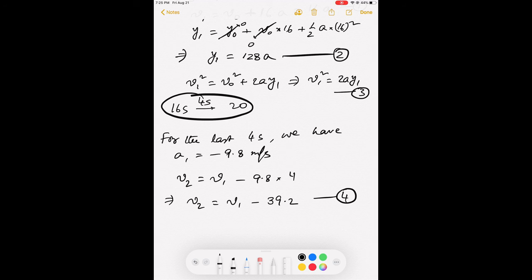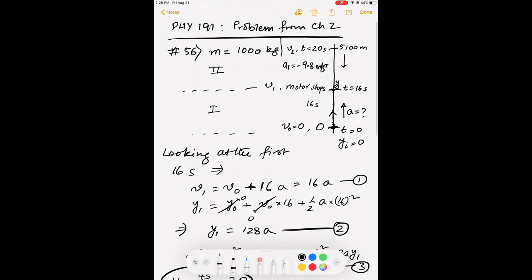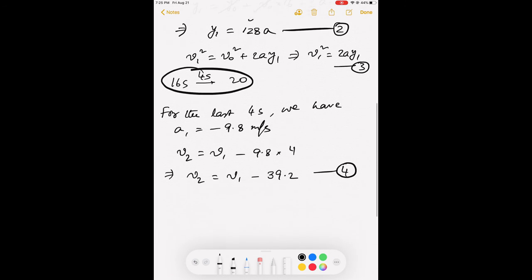And finally, you can also start looking at from this part to this part. You can call this y2, or it's already given as 5100.